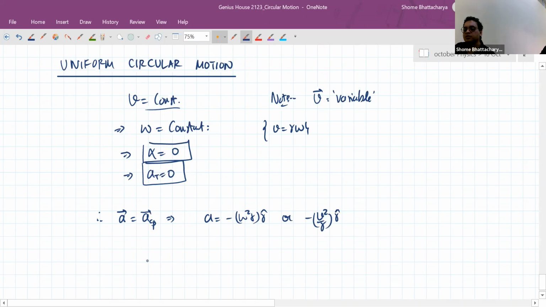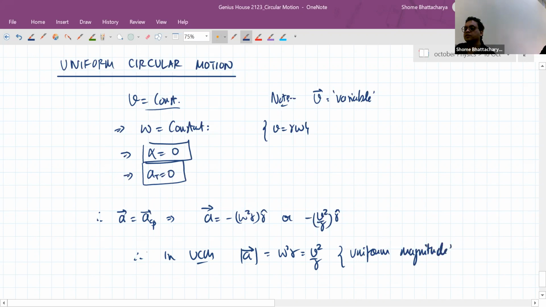So another fact about this is that therefore in uniform circular motion, the magnitude of acceleration is constant. But again, it is wrong to say it has constant acceleration because the direction is changing. So it has uniform magnitude of acceleration, but not uniform acceleration.